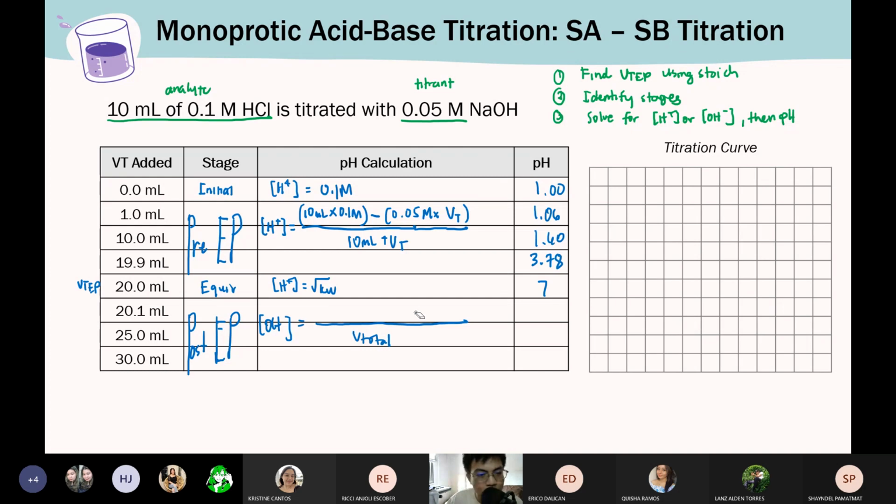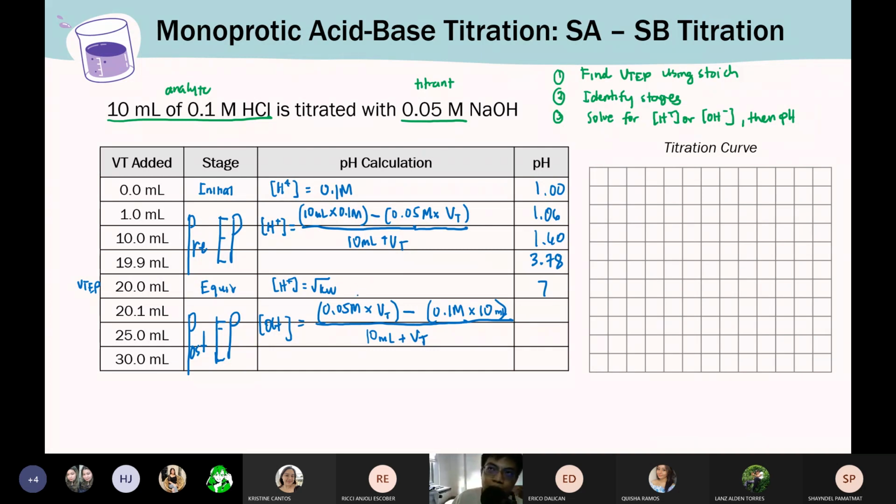So I will write 0.05 molar titrant times the volume titrant minus yung analyte, the same lang naman, times 10 ml. Volume total still the same na 10 ml plus volume of titrant. And again, do not forget, ito ay OH.